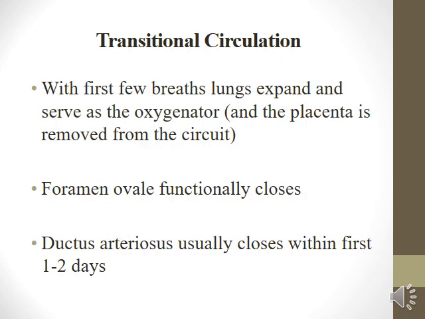Transitional circulation. With the first few breaths, the lungs expand and serve as the oxygenator, and the placenta is removed from the circuit. This is different from inside the womb, where the placenta supplies the oxygen. After birth, the placenta is gone, so the lungs expand and serve as the oxygenator. The foramen ovale functionally closes a few hours after birth, and the ductus arteriosus usually closes within the first 1 to 2 days, leading to pulmonary blood flow from the right ventricle going into the pulmonary artery to the lung.